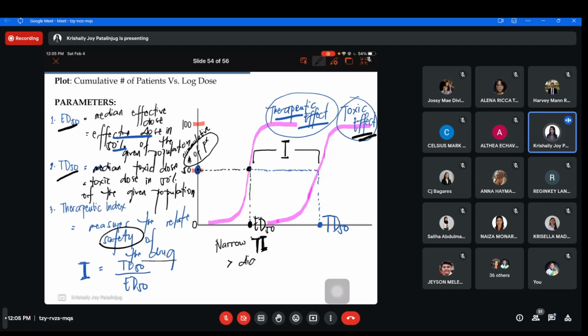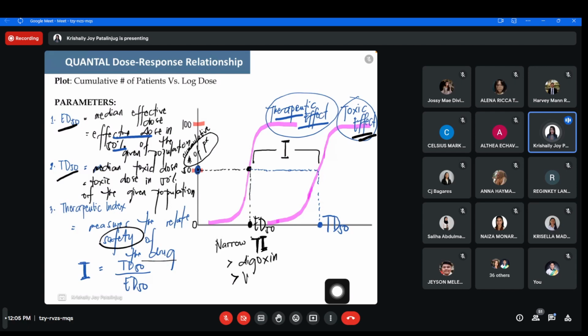You're familiar with digoxin. I know you have heard about digoxin. Another example is yung warfarin. Ayan. Meron yan silang narrow therapeutic index. Another example is theophylline. Okay? Ayan. So halimbawa lang po yan ha ng mga gamot na very narrow yung therapeutic index, and careful talaga yung pag-monitor ng mga gamot na yan if they are being prescribed or administered sa pasyente.